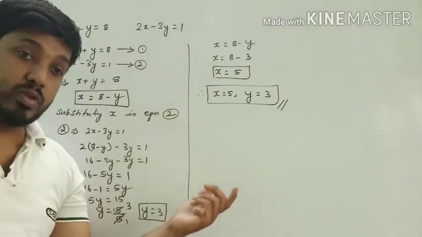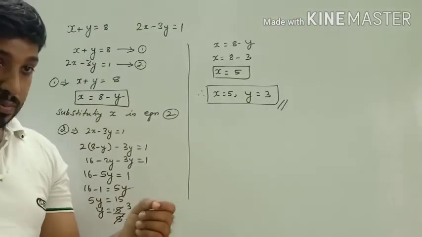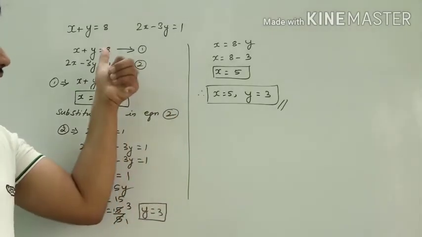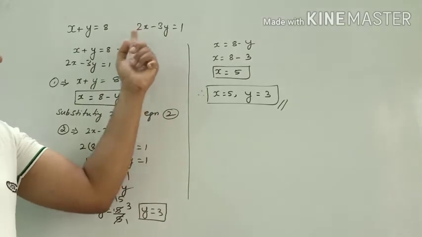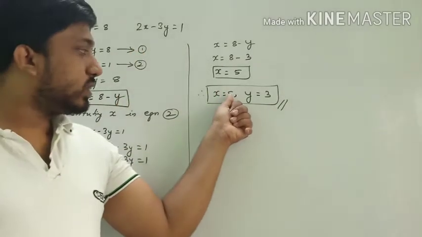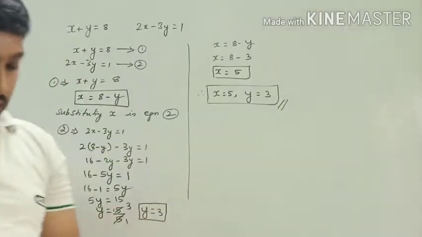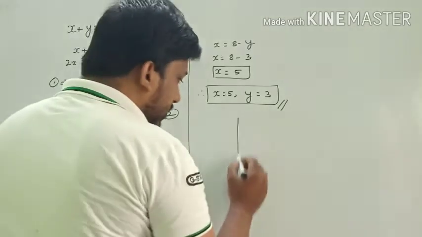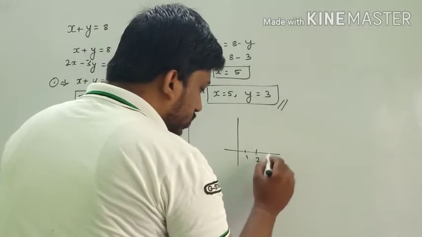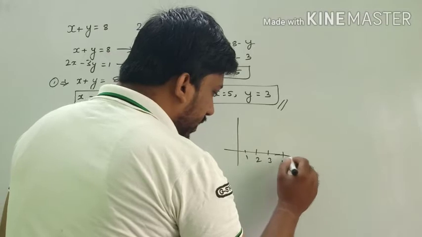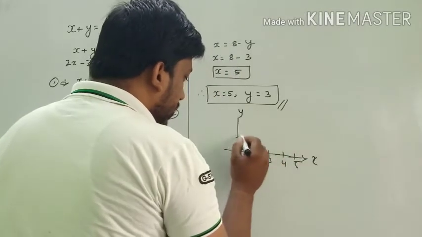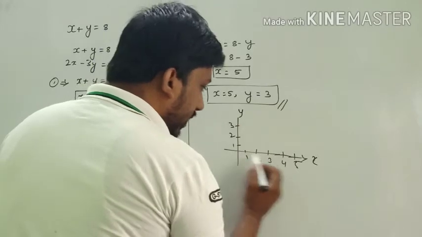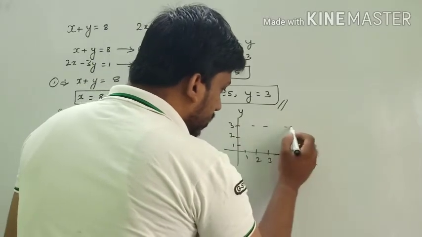In the previous video I did the graphical representation, right? In the graphical representation, when we plot the graph, these two lines intersect at a point where x is 5 and y is 3. So if you have a graph like this, with 1, 2, 3, 4 and 5, and this is x and this is y, 1, 2, 3, then x is 5 and y is 3.